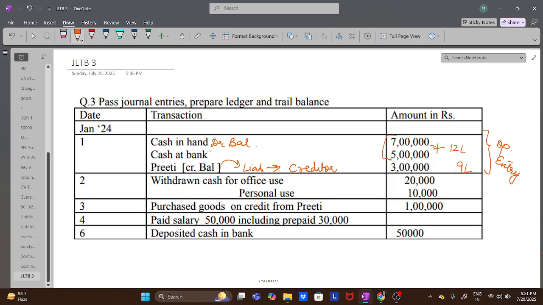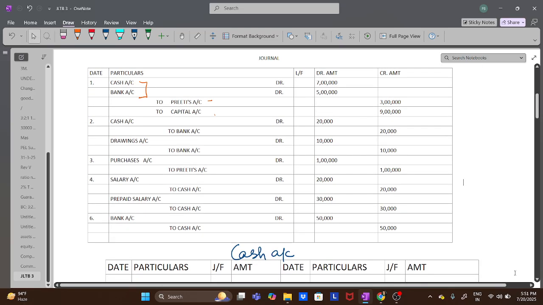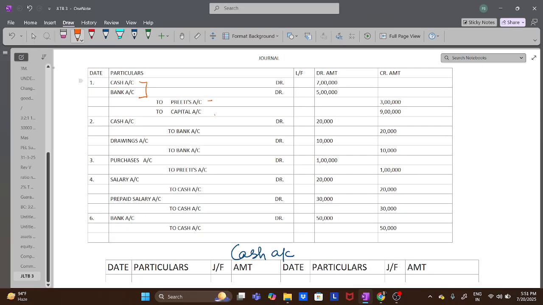So let's move to the journal entries of this question. The journal entries will be like this. First, cash debit, bank debit to Preeti, to capital. This is our opening entry. Second entry is withdrawn from bank for office use, and this is for personal use.